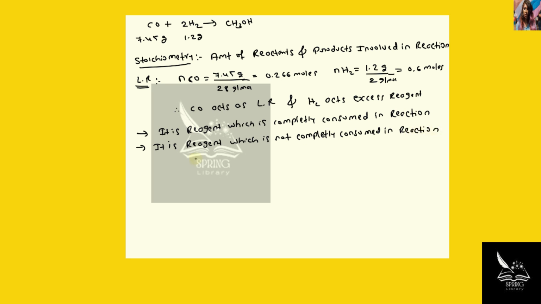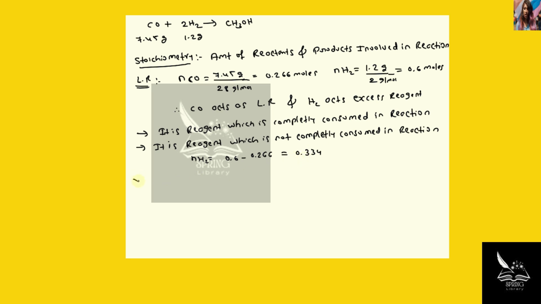Here we have N of H2 as 0.6 moles, minus how many moles reacted? Only 0.266 moles reacted with the carbon monoxide. So the number of moles of hydrogen remaining in this reaction is 0.334. Still 0.334 moles of H2 is present in this reaction, that is why it acts as the excess reagent.